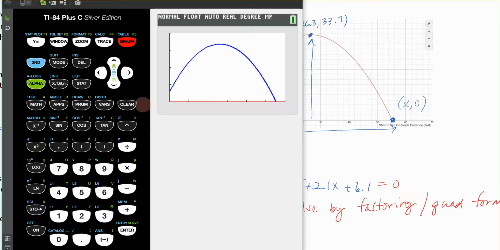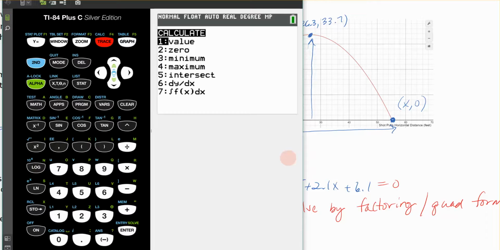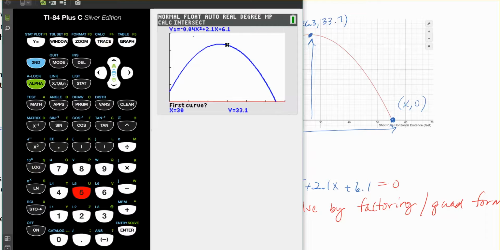So when I want to know what the intersection is, over here at this point on the x-axis, I would do second trace. Number 5 is intersection. And I want to know the intersection between the blue curve, which has got a cursor on it, so I hit yes, enter. And now it has a cursor down here on the red line, so yes, enter. And I don't have a guess because I wanted it to tell it to me.